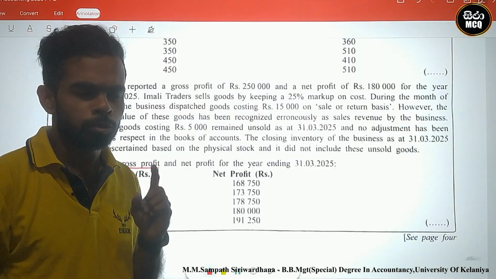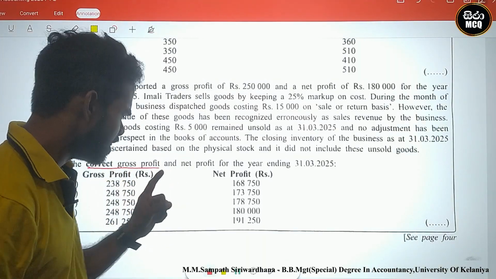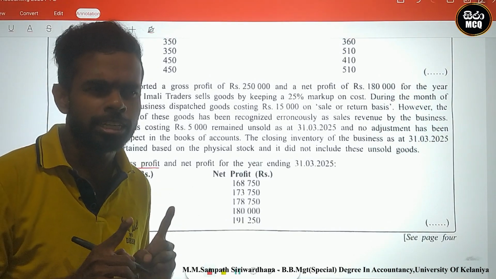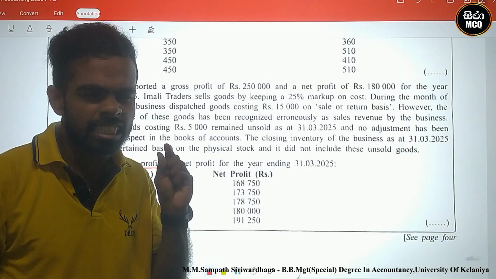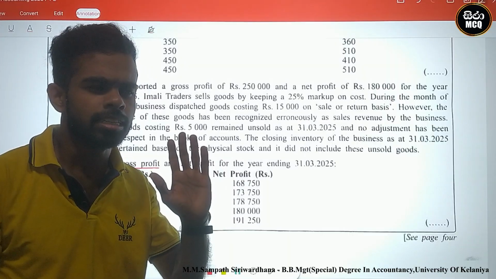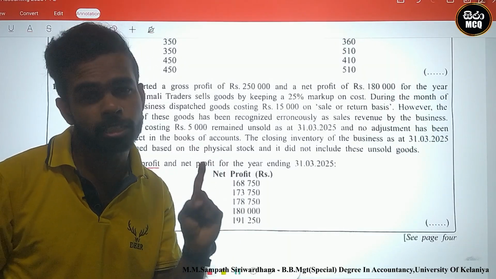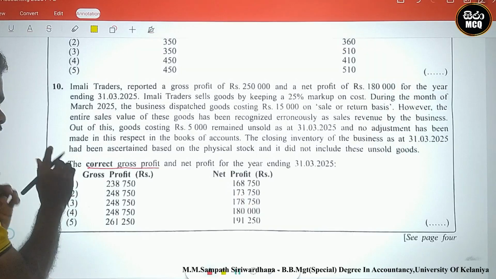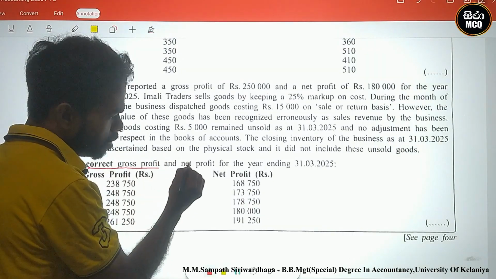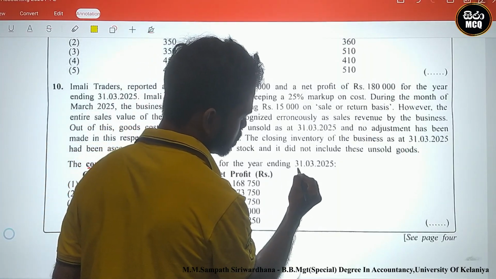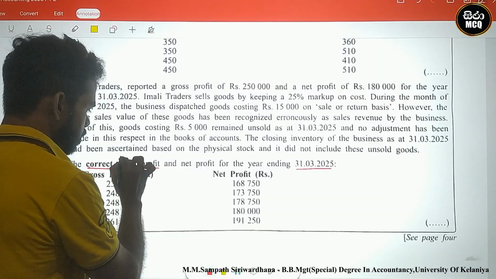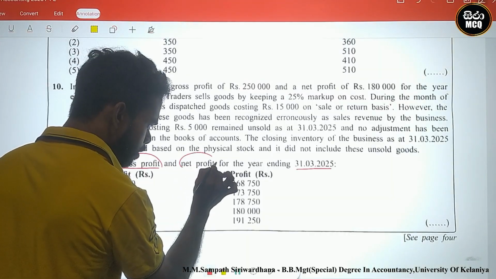We can identify the incorrect gross profit, which they already calculated. They need the correct gross profit and net profit for the year ending 31st March 2025, both correct gross profit and correct net profit.